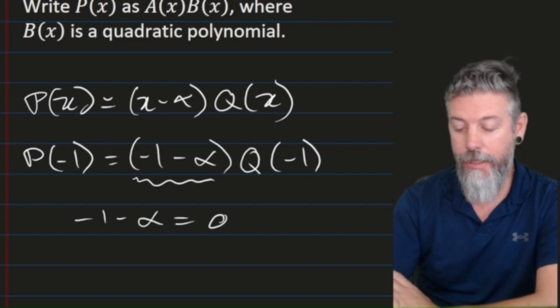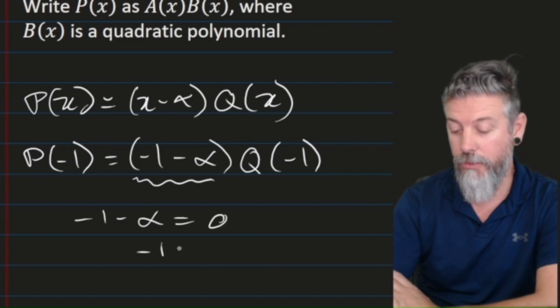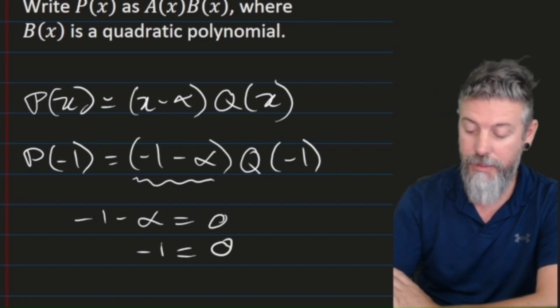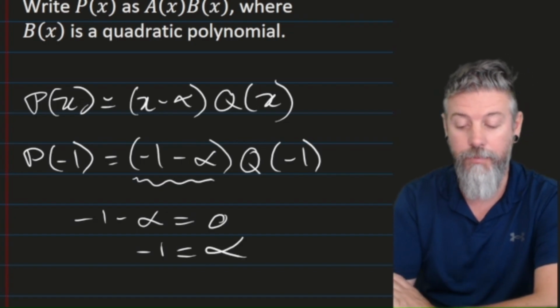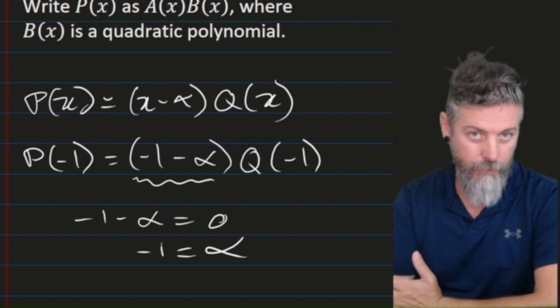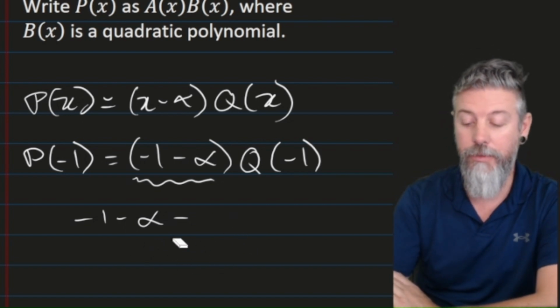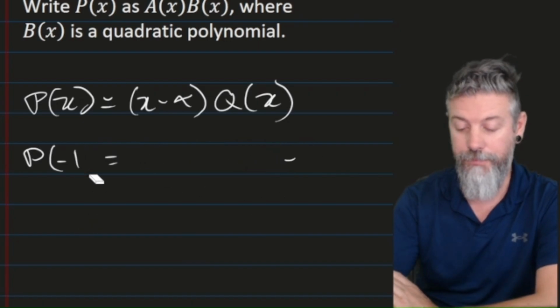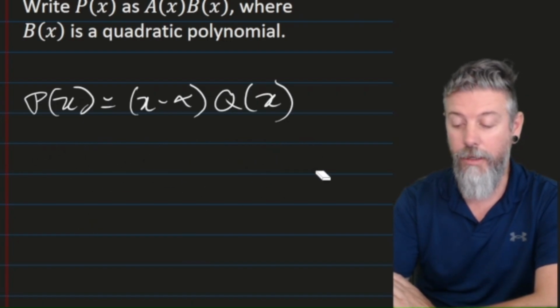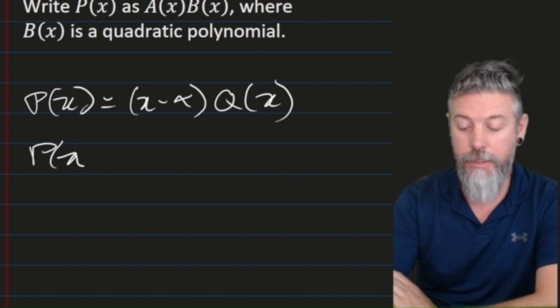And therefore, if we add alpha across, alpha equals -1. Whoops, that's a 0. Alpha equals -1. So -1 is making this work.